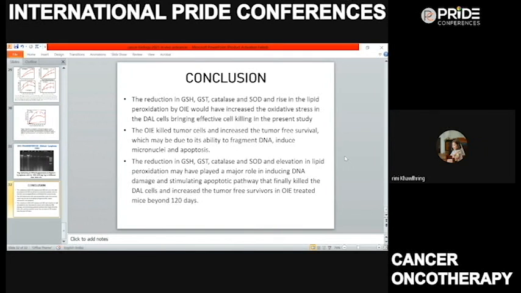The reduction in GSH, GST, catalase, and SOD, and elevation in lipid peroxidation may also have played a major role in inducing DNA damage and stimulating apoptotic pathway that finally killed the Dalton's lymphoma cells and increased the tumor-free survivals in Oroxylum indicum extract-treated mice beyond 120 days.